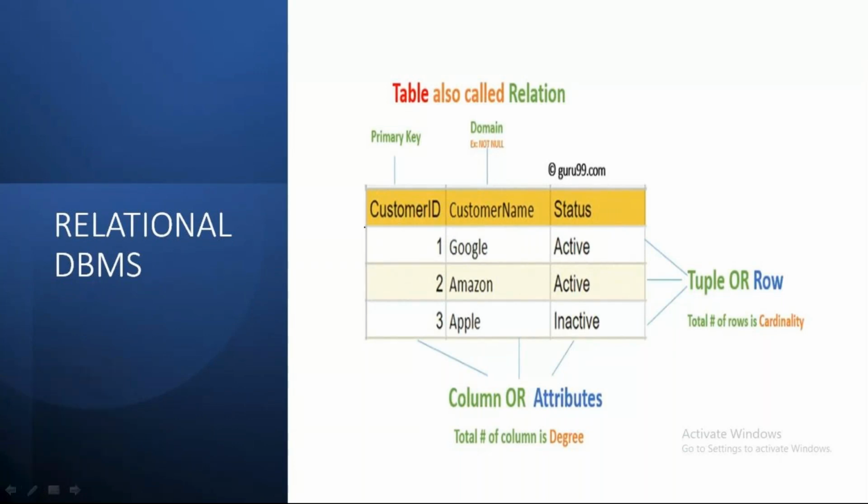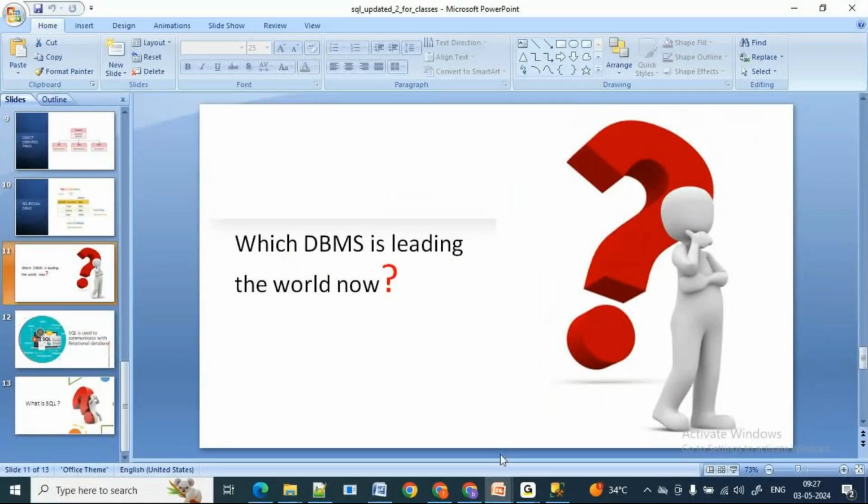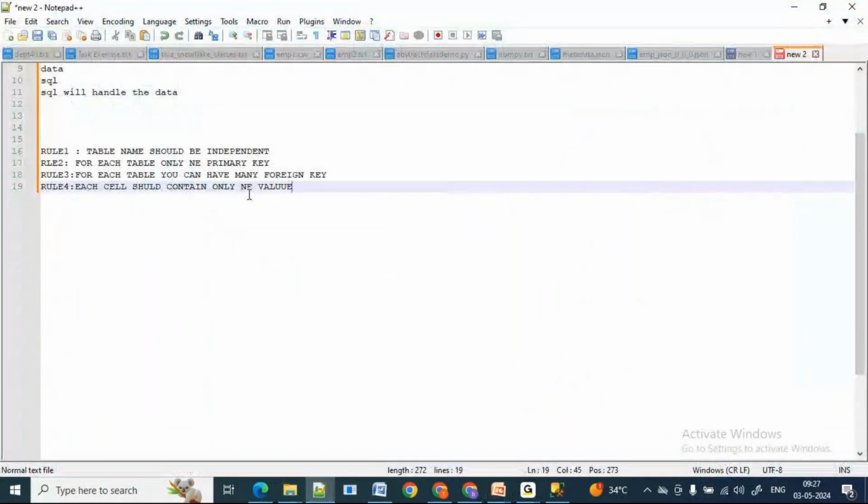This part is nothing but a cell. So here you need to have only one value. You are not supposed to put 1 comma 2. So this is the wrong one. The cell which contains only one value is the perfect one. If you write like this, you will not get the correct output while accessing. So only one value.